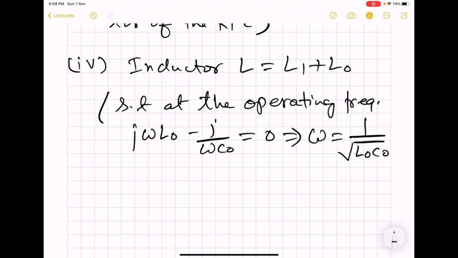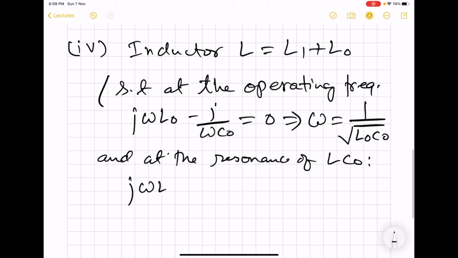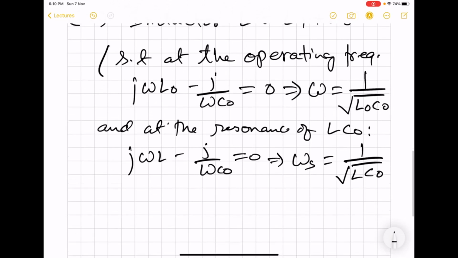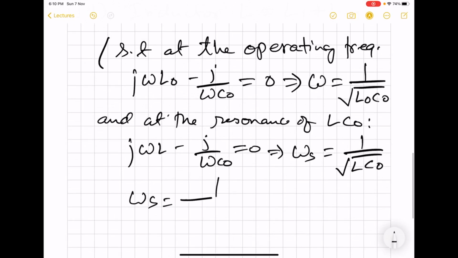So this is what happens at the operating frequency, and at the resonance of LC naught, we will have this condition. So this implies omega S resonance is going to be 1 by square root L C naught, and this then can be written as L1 plus L naught C naught.